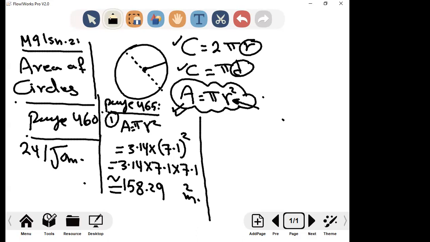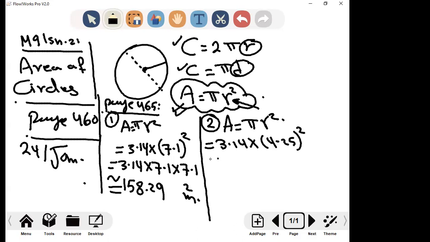Question 2. What do we have, radius or diameter in question 2? Radius. What's the radius? 4.25. Apply the formula of the area. A equal pi r to the power of 2 equal 3.14 multiply 4.25 all power of 2 equal 3.14 multiply 4.25 multiply 4.25.